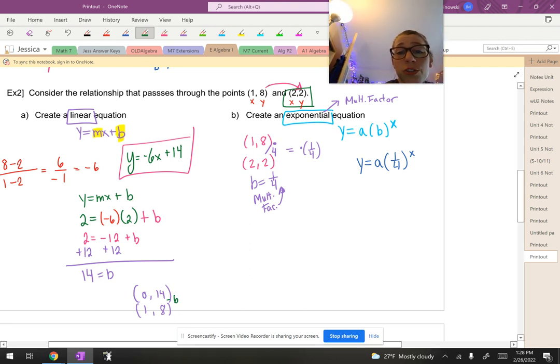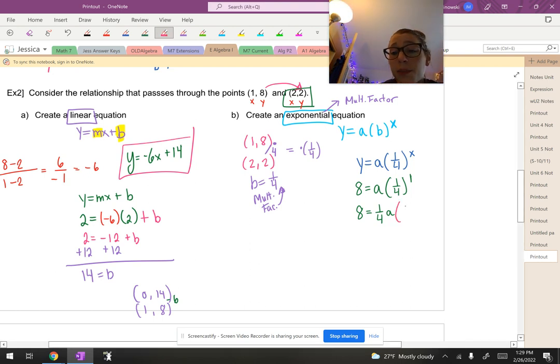So I'm going to use the point (1, 8) on this one, just because it's a lot easier to work with an exponent of 1 than it is of 2. So 8 is equal to a times (1/4) to the first power. 1/4 to the first power just stays as 1/4, so 1/4 times a, or 1/4 a.